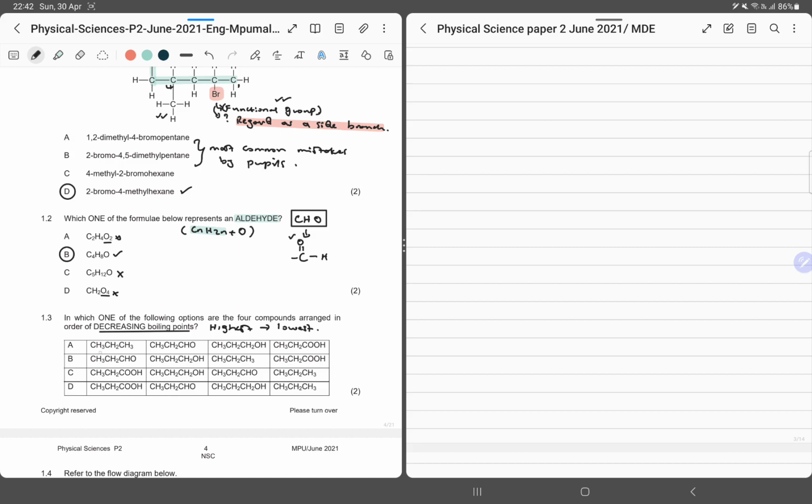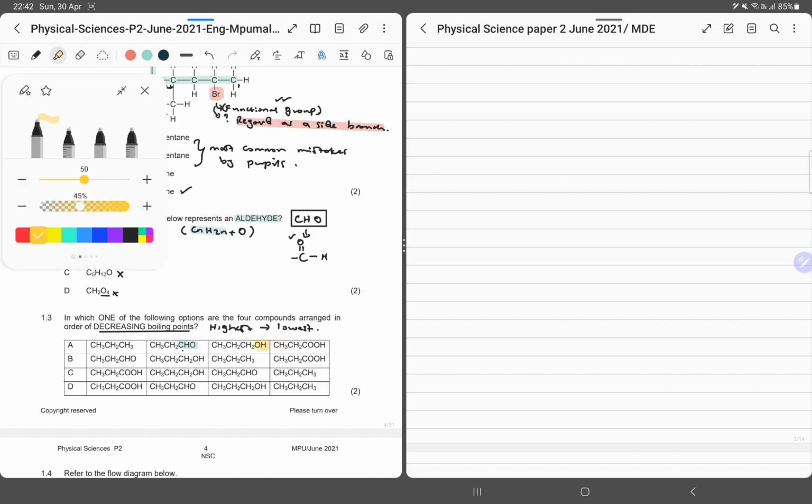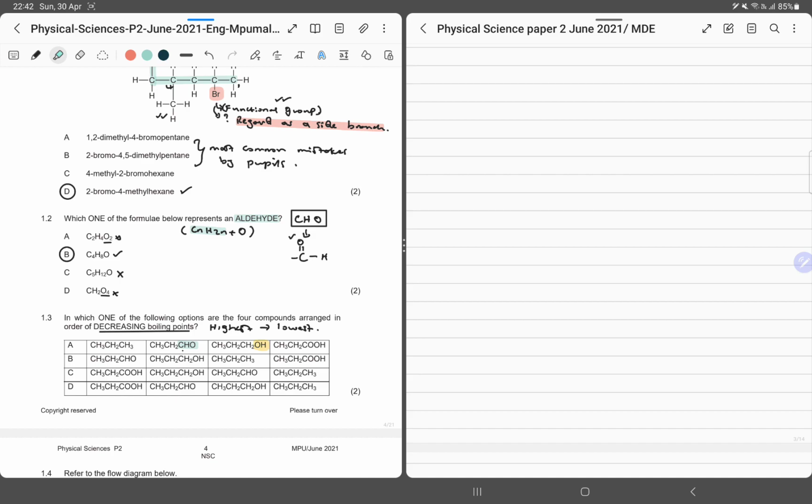We've got an alkane because it's CH3 with the CH2 on the inside. So this is an alkane, a hydrocarbon. And then we've got a CHO here. That makes this an aldehyde, of the same chain length. And then here we've got an OH, which makes it an alcohol, again for the same chain length.